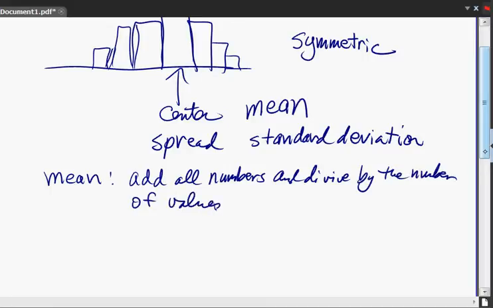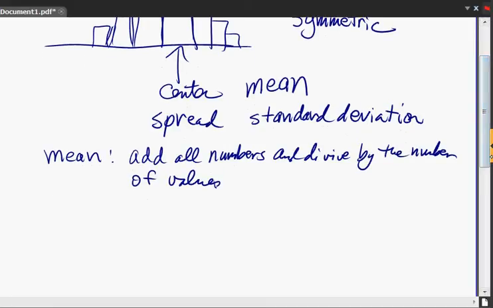Okay. So in statistics, we will call the mean of a sample of a data set x with a line over the top, better known as x bar.